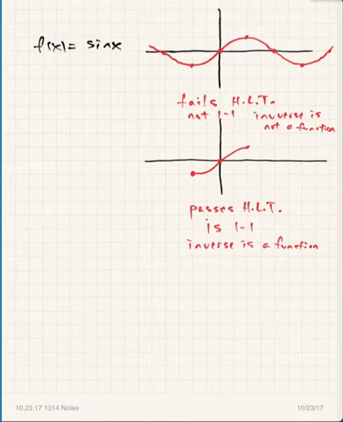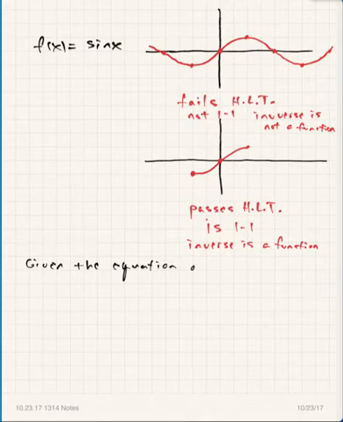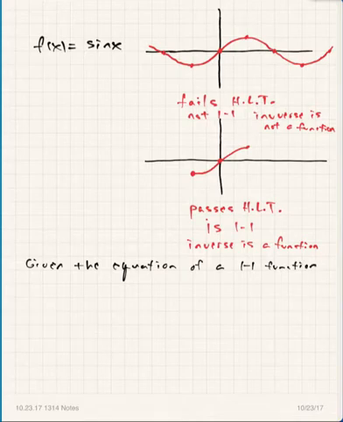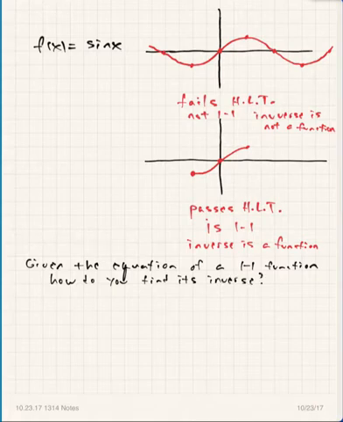So given the equation of a one-to-one function, how do you find its inverse? That's actually a two-step process, and you're just using the basic ideas behind inverses.